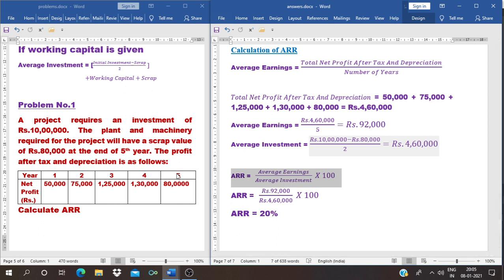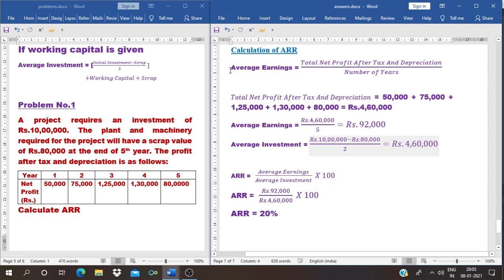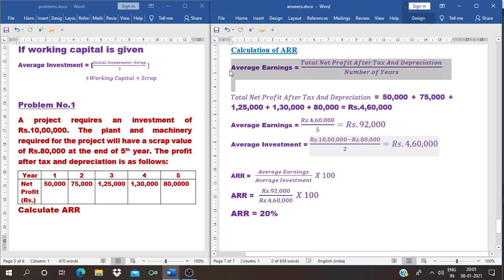First we should calculate the average earnings. The formula is total net profit after tax and depreciation divided by number of years. First, we will calculate the total net profit after tax and depreciation.